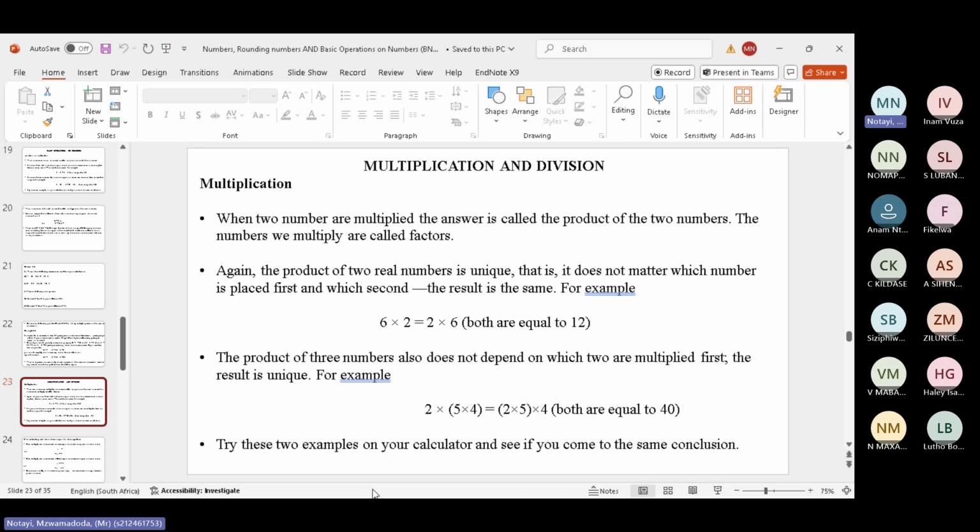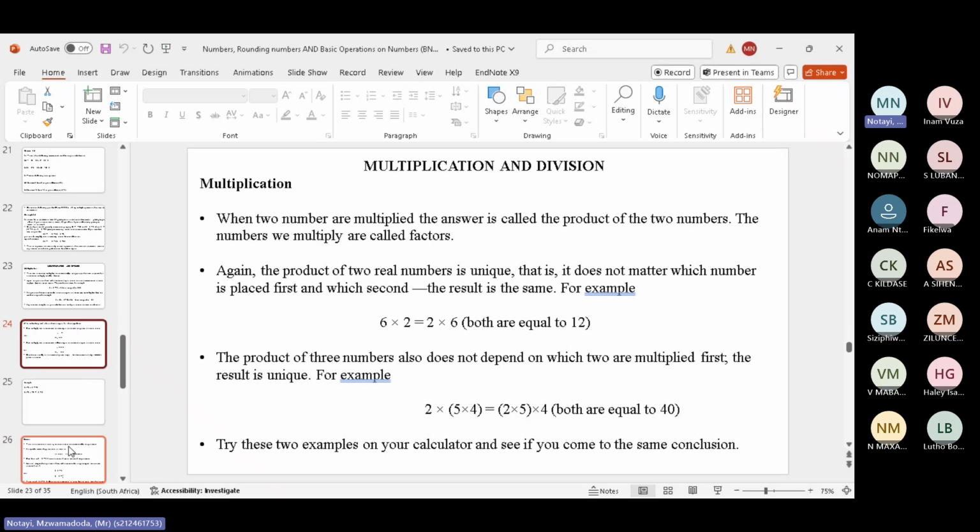The result is unique. For example, if we have 2 multiplied by the product of 5 and 4, which is 5 multiplied by 4, it is the same as multiplying 2 and 5 together first, and then multiplying that product by 4. Both of these will give you 40. You can confirm this by using a calculator as well.